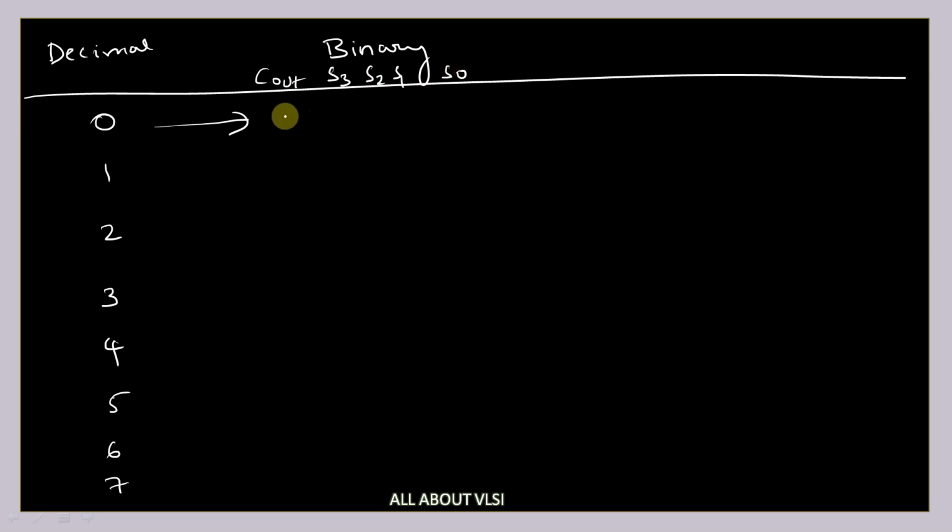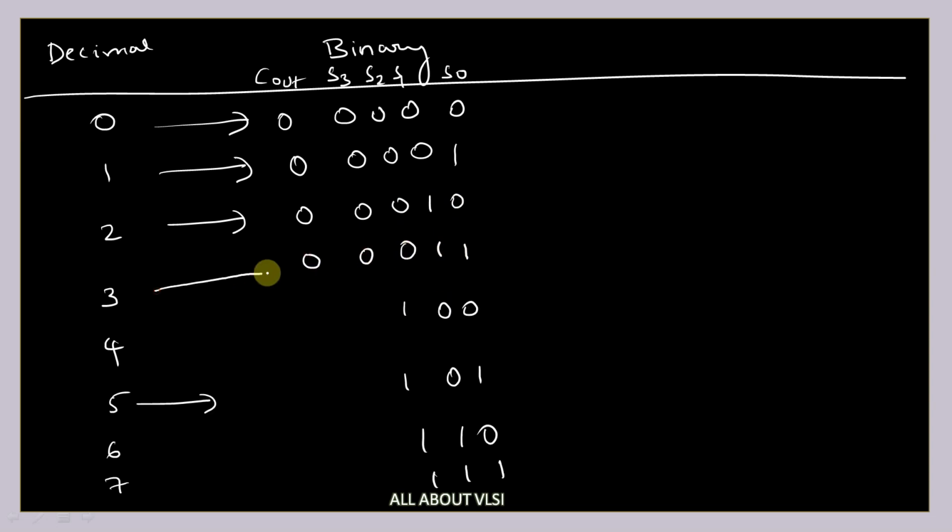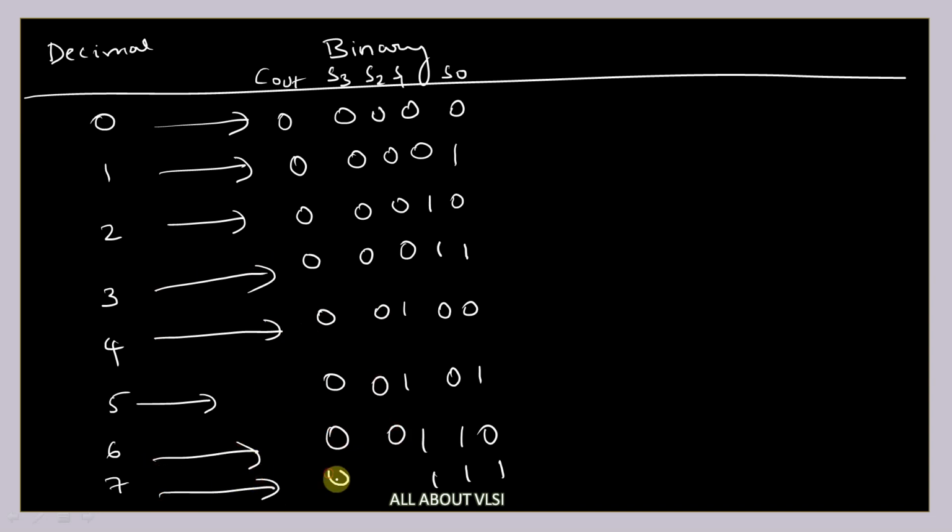So 0 is nothing but 0, 0, 0, 0, 0. This is my 3, and coming to my 4, and coming to 5, 6, and 7, these are all valid BCD numbers.